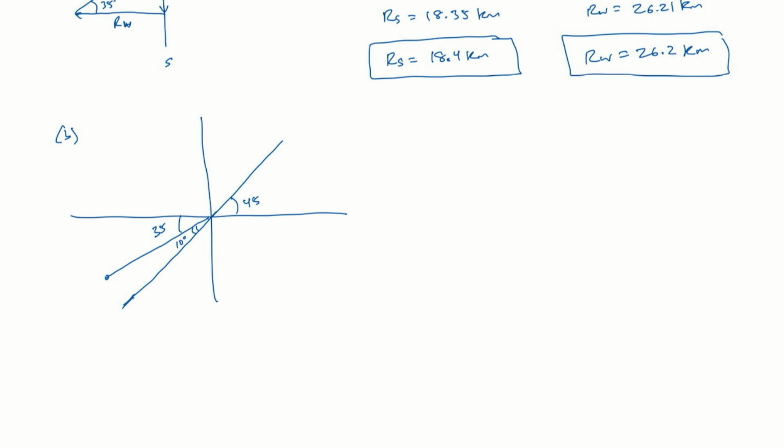I'm going to call this the adjacent displacement, D sub A. And then I'm going to call this the opposite displacement, D sub O. And then this will be 90 degrees here.